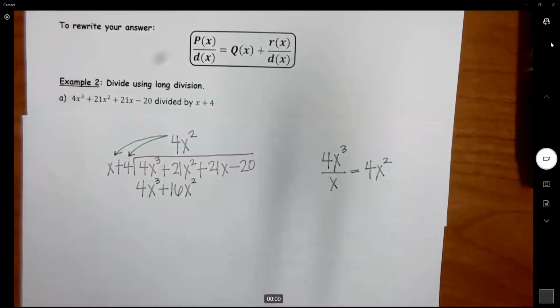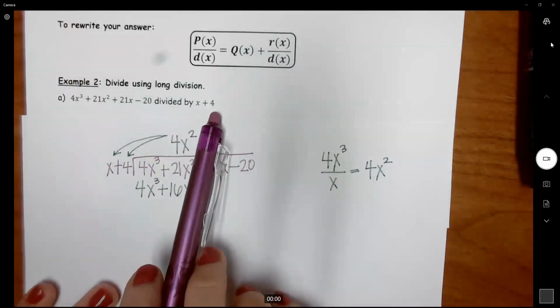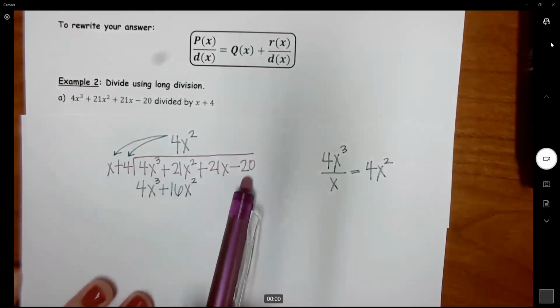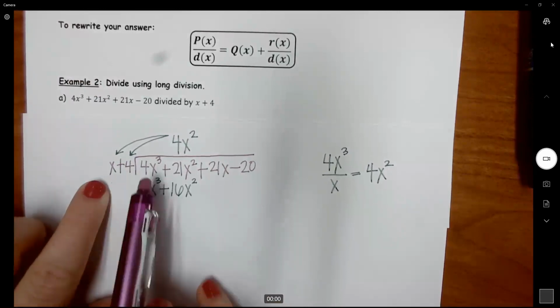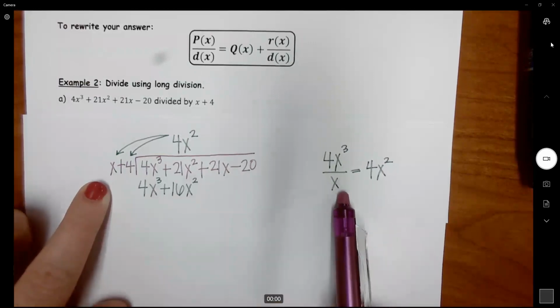Okay, so before we go on, let's just review what just happened. What I'm dividing by went on the outside. What we're dividing goes on the inside. When I divide, I only divide with that first term. So I took 4x cubed and divided it by only x, not x plus 4.